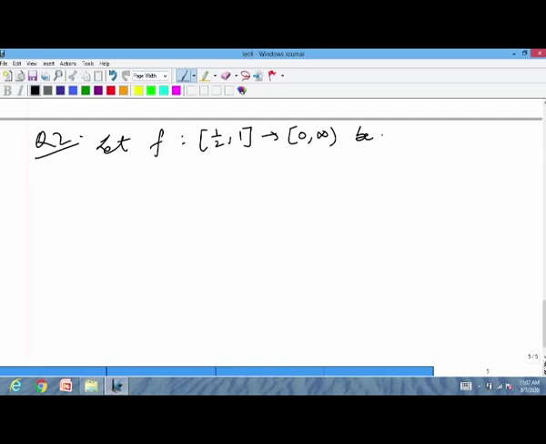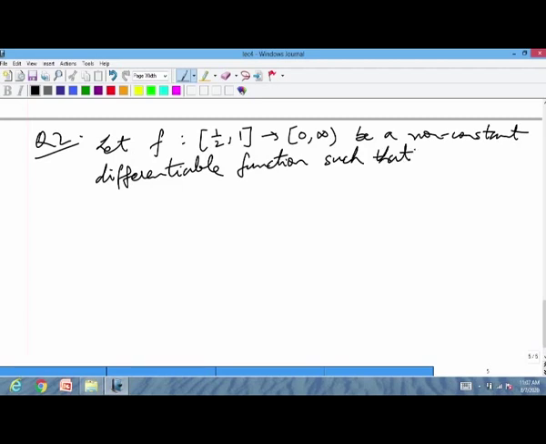Let this be a non constant differentiable function such that f prime of x is strictly less than 2 times f of x and f at half is equal to 1.